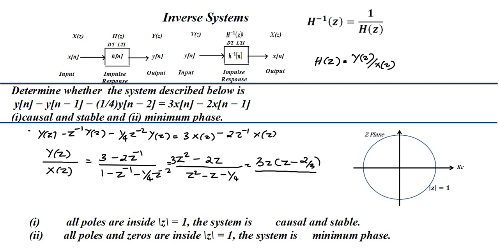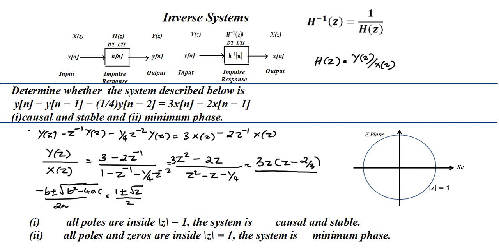The denominator is not that easy, so we need to use the formula: (−b ± √(b² − 4ac)) / 2a. If you verify this, it becomes (1 ± √2) / 2.